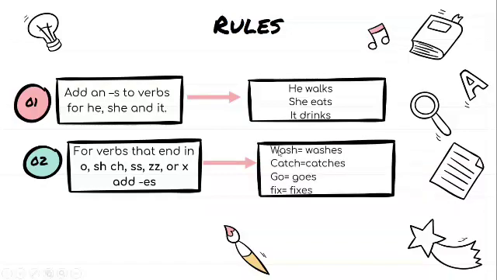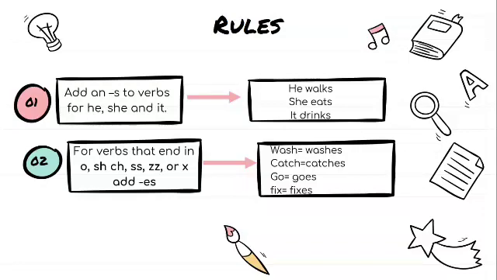The first one we have wash. So, can you see what are the last letters? Are S and H. So the rule says that we have to add ES. Okay, so we have wash, washes. For example, she washes the car.